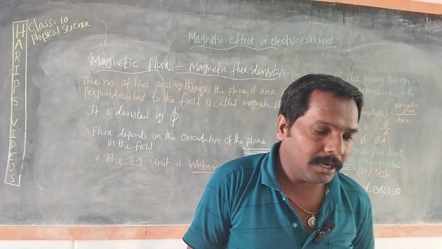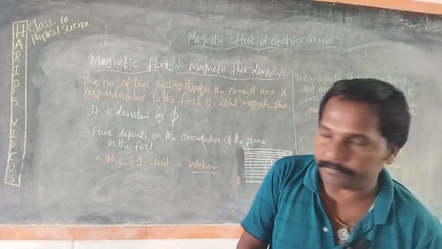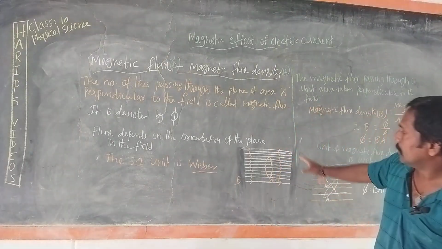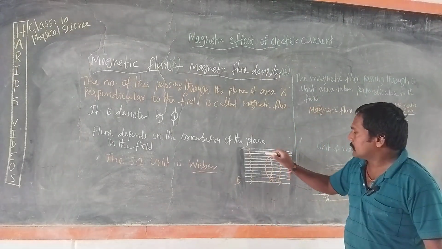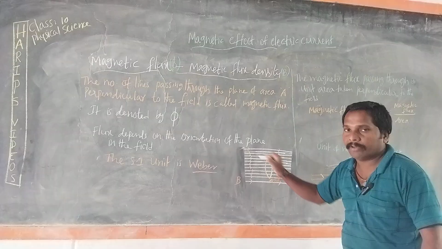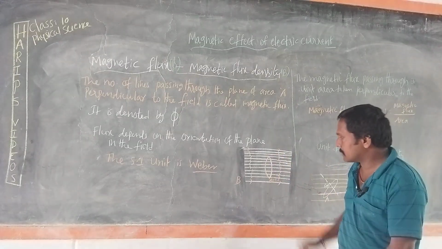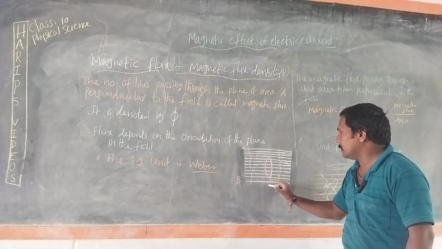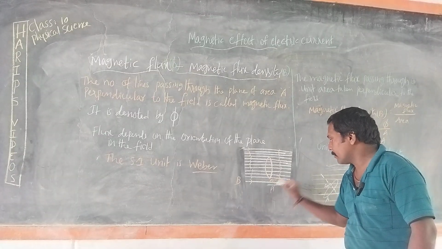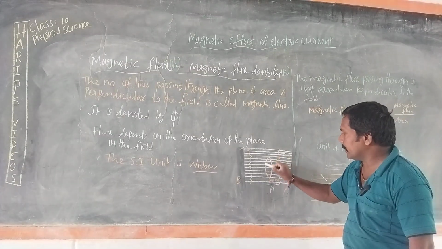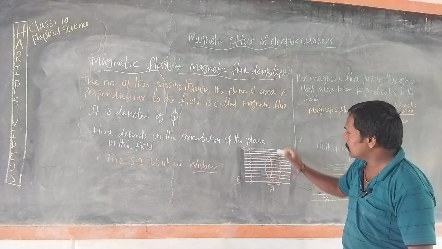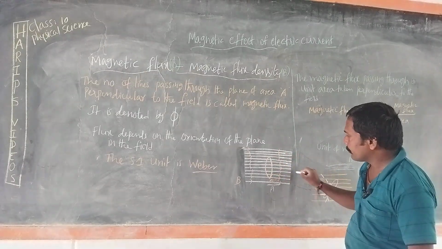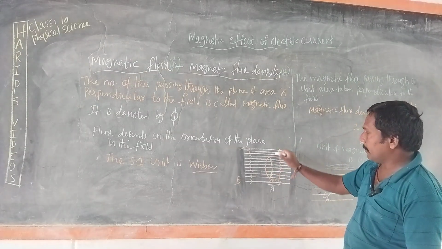The magnetic field is as shown in the figure. These lines denote the magnetic field lines in space. In that, we are imagining an area A, which is perpendicular to the field lines.